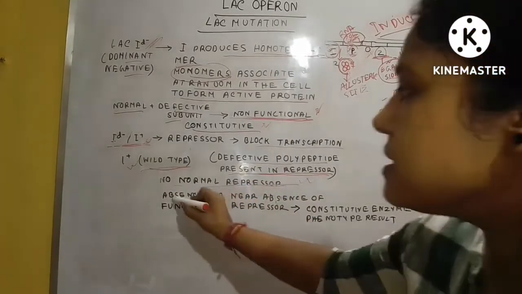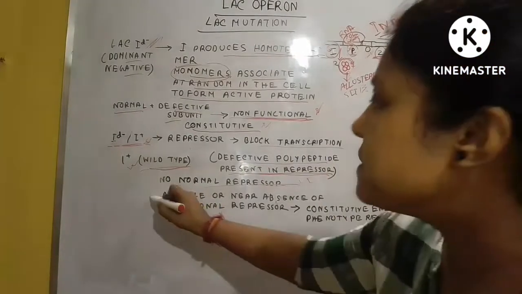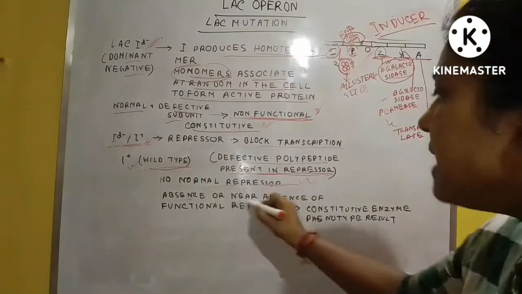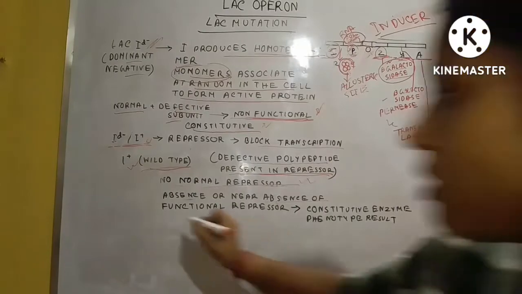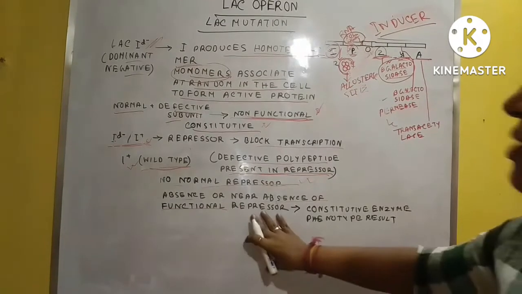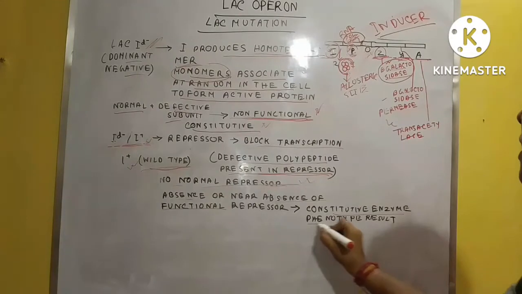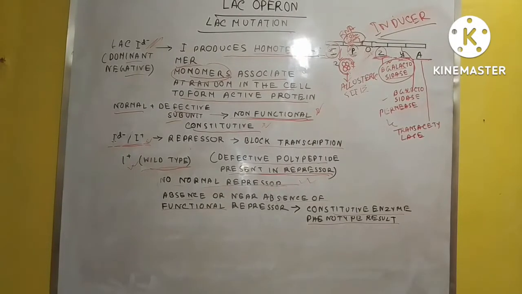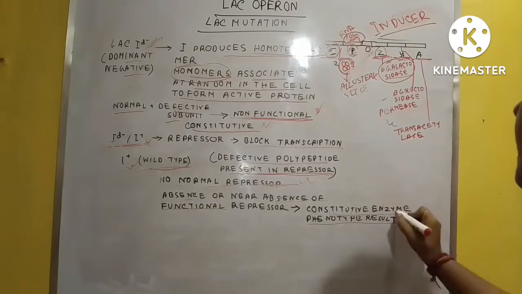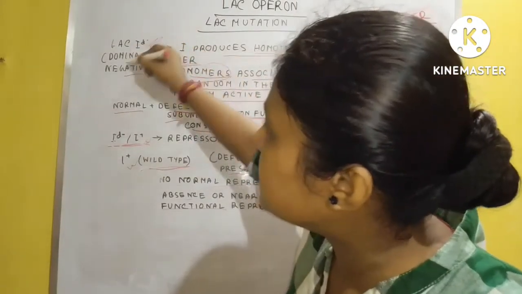So you can say that there is absence or near absence of functional repressor. So in that situation, what happened? The constitutive enzyme phenotype results. Clear? Constitutive enzyme phenotype results, because the D is dominant.